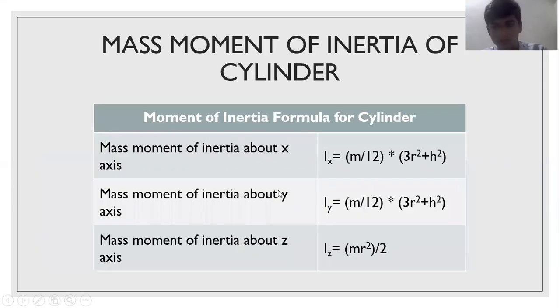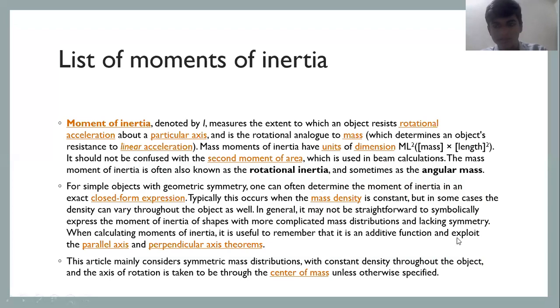List of moment of inertia. Moment of inertia, denoted by I, measures the extent to which an object resists rotational acceleration about a particular axis, and is the rotational analog to mass m, which determines an object's resistance to linear acceleration.